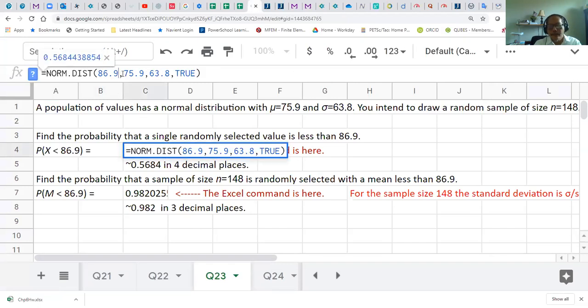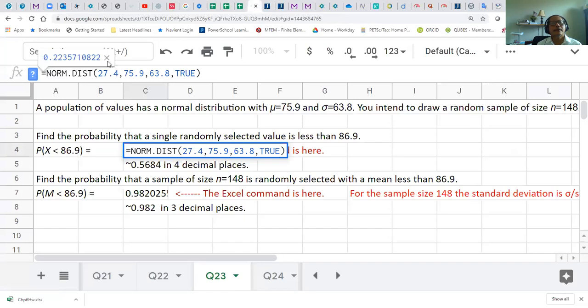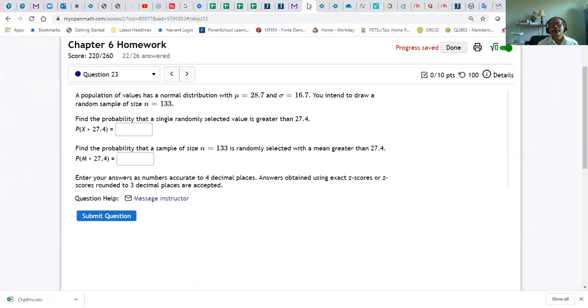The mean is 28.7, and the standard deviation is 16.7.